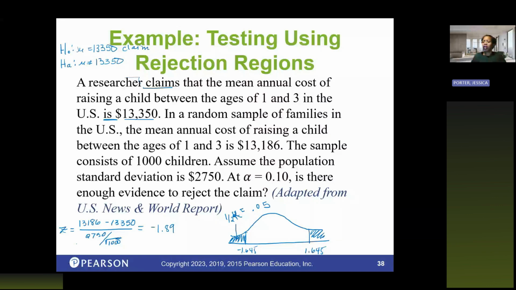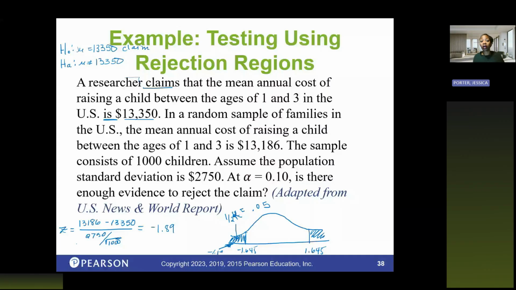Is it in the rejection region or the fail to reject? Yeah, it's right here. I'll draw an arrow over there. Is this negative 1.89? It is in my rejection region, so I'm going to reject the claim.